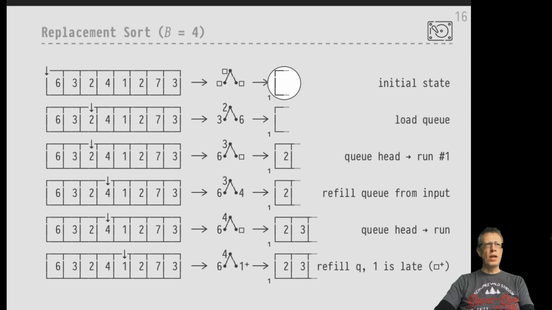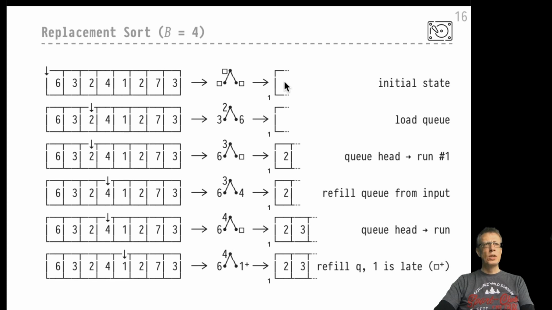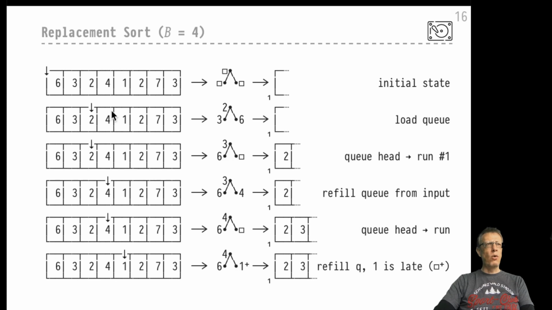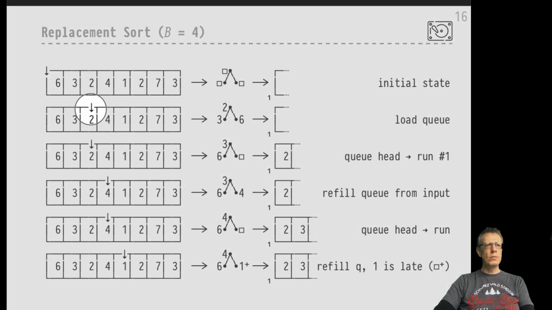This is the last page of our buffer, which still is empty because nothing has been placed there yet. All right, so we would start and load the queue. You can see that at this particular point, the queue is already fully loaded. We have consumed 3 elements from our input run, and indeed, our read pointer has moved by 3 positions here. There it is.